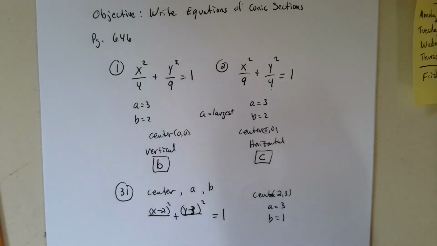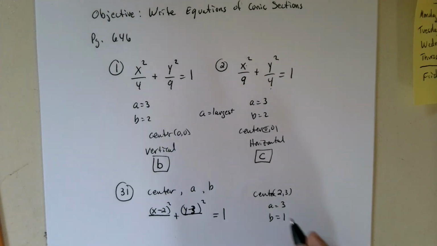And our B is going to be 1. And again, it's vertical. So a squared is going to be underneath the y. So the 9 will be underneath the y. And 1 squared is 1. And so x minus 2 in parentheses squared over 1 plus y minus 3 in parentheses squared over 9 should be the equation of the graph of the ellipse in number 31.